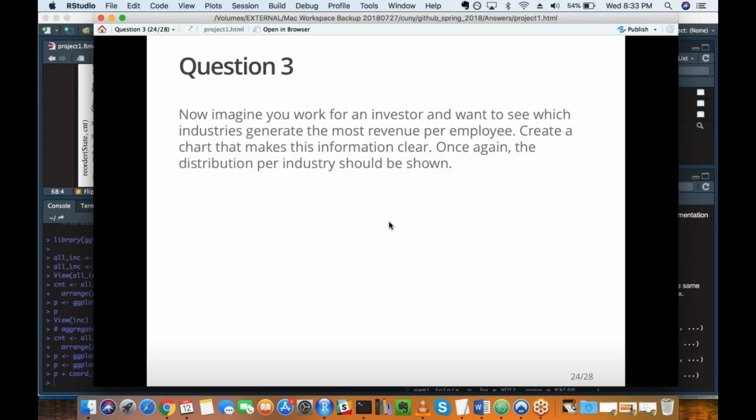So for question 3, it was pretty similar, and really could have been treated in a similar way. Here we're now imagining we're working for an investor, and we're trying to look at which industries generate the most revenue per employee. And once again, we want to look at the distribution per industry.